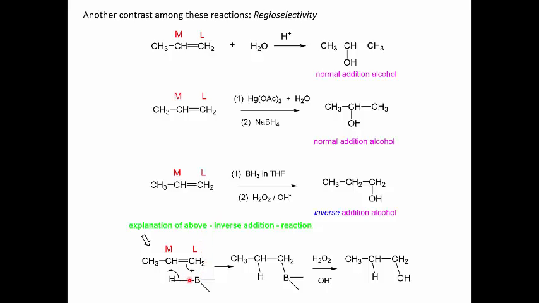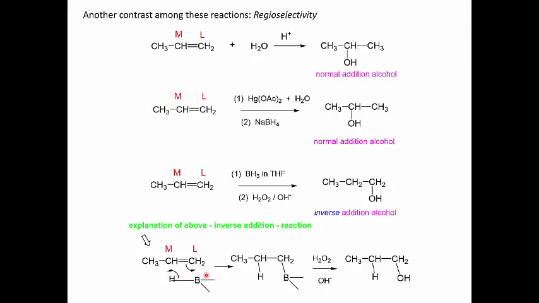When the BH bond adds to the alkene, remember that both B and H add at the same time, the concerted reaction. Necessarily they're adding from the same side of the double bond. It's the syn addition. As well now, the boron is the electrophile, hydrogen is the nucleophile.